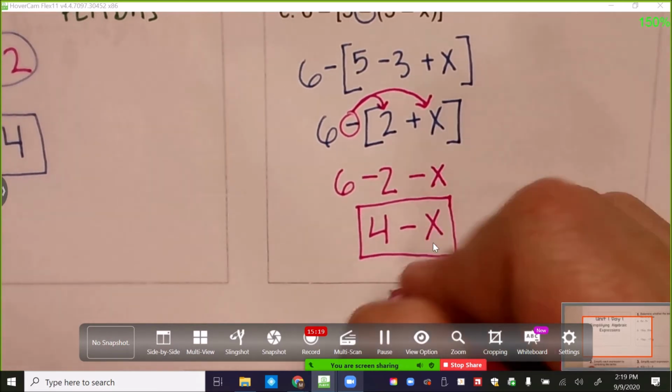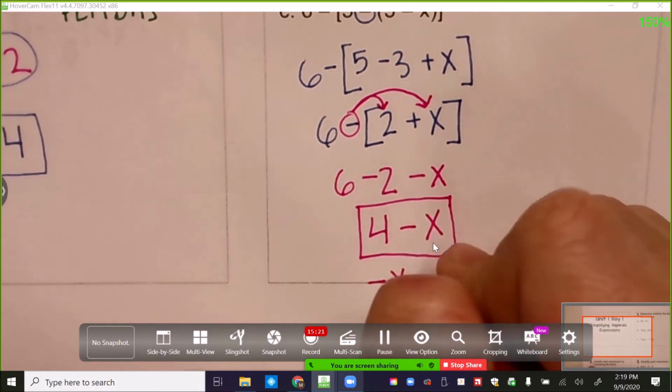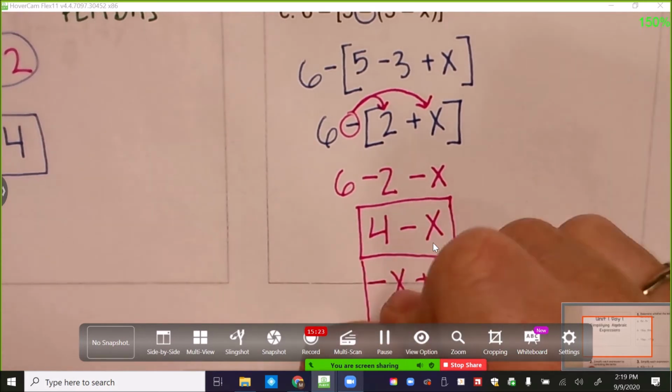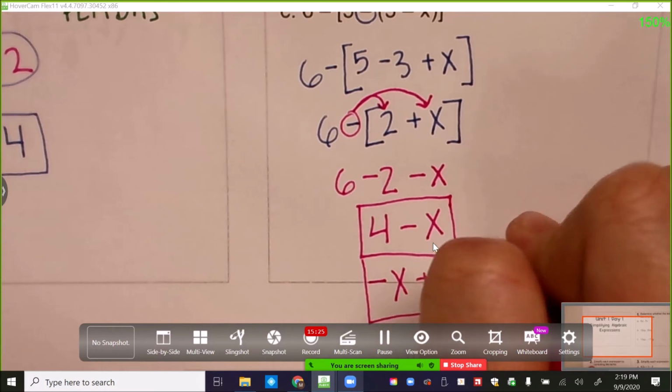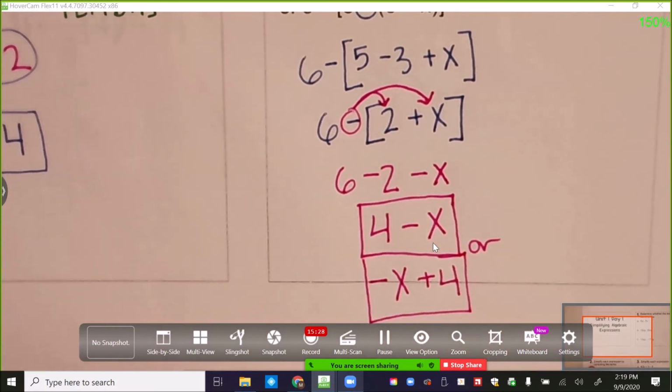The x stays negative, and the 4 stays positive. Any questions with that one?